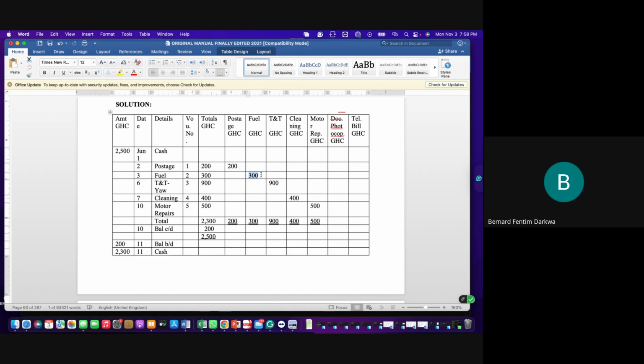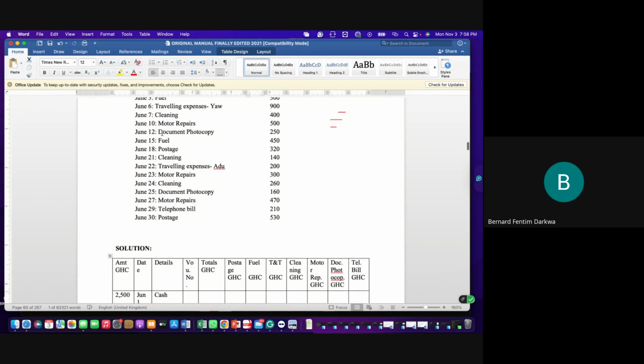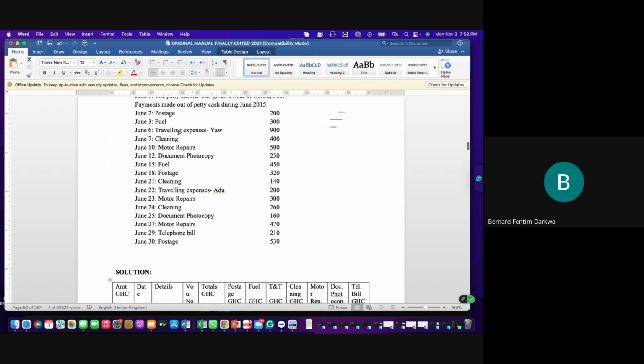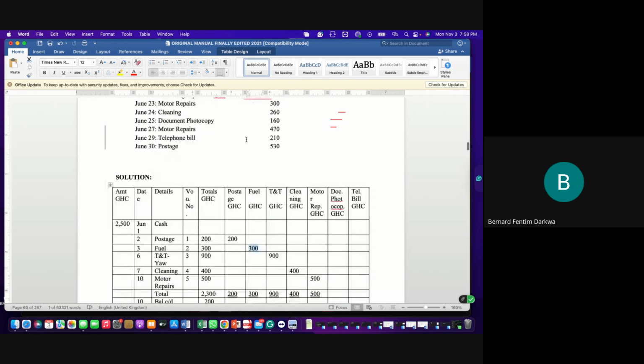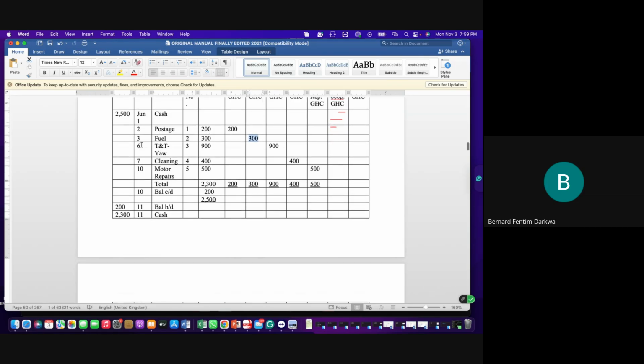Look at how, if you have a big cash book, this is what accountants use it for. Then the next one, they are paying for what? TNT, travel expenses, 900. So you come here and write, on day 6, TNT 900.